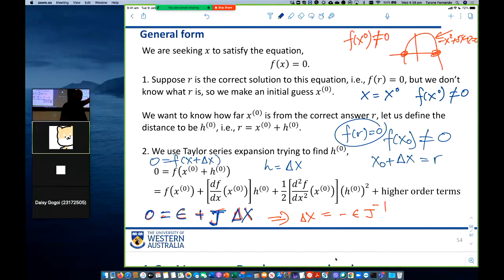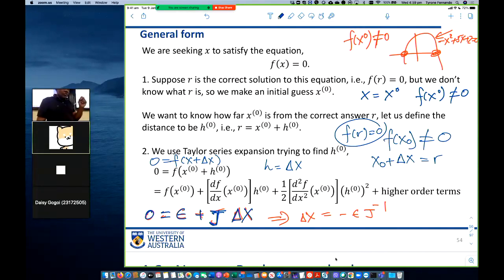Let's not worry about the higher order terms. So the Taylor series about x0 is f(x0) plus the first derivative of f evaluated at x0 multiplied by delta x.